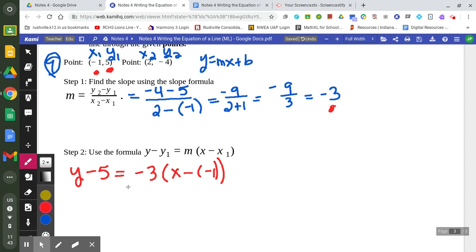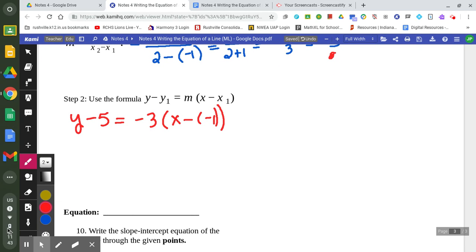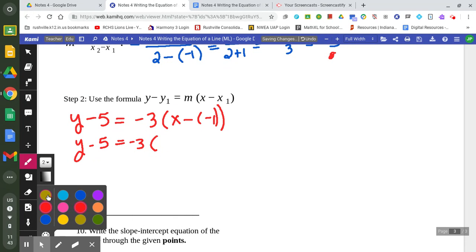So before I do any distributing, I want to clean this up a little bit. So I'll still have y minus 5 equals negative 3 parenthesis, but now this inside I'm going to rewrite as x plus 1. That'll be a lot less confusing when I go to do my distributing.